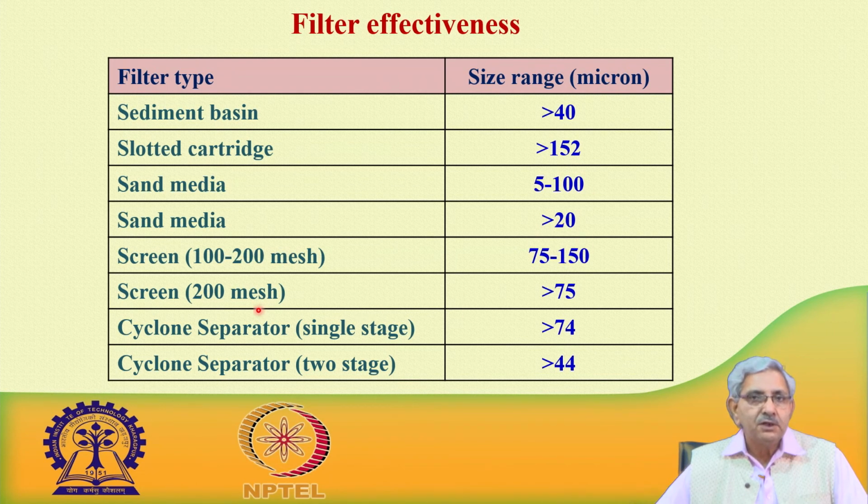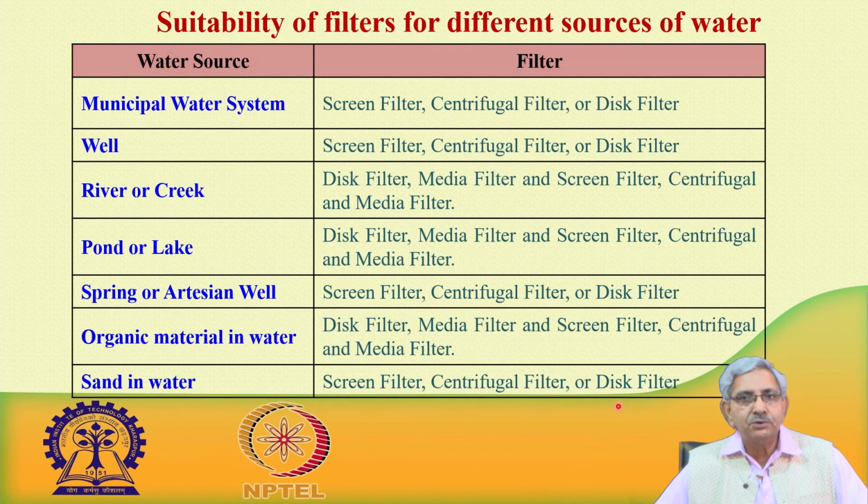Screen filter is 75 to 150, and then cyclone separators, single stage and double stage. One can choose these particle sizes based on the water source: municipal water supply, well water, or water from a river or creek. These are the categories of filter one can use.